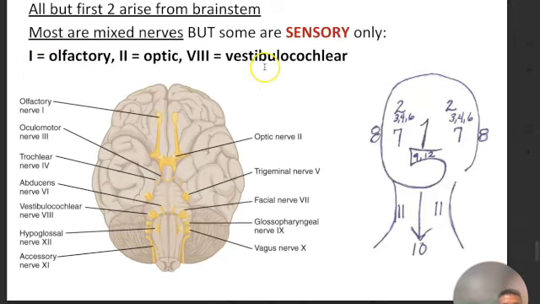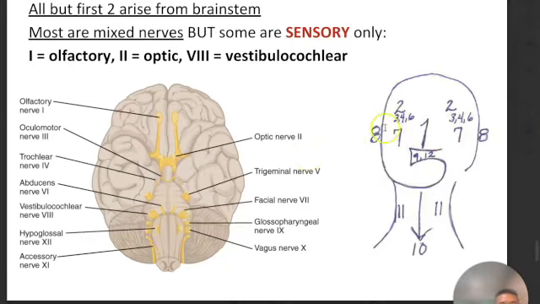1, 2, 8. So 1, 2, I guess you can do, 2 is the eye, and then 8 right across is the ear. 1, 2, 8 is all sensory, so that's so you could feel things.